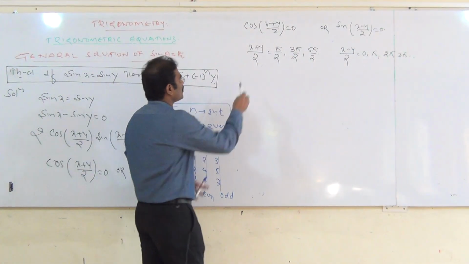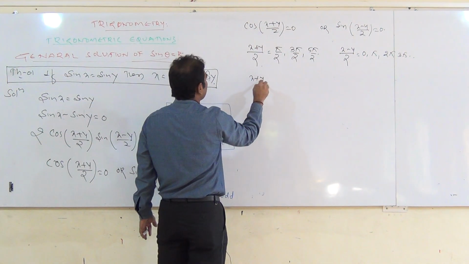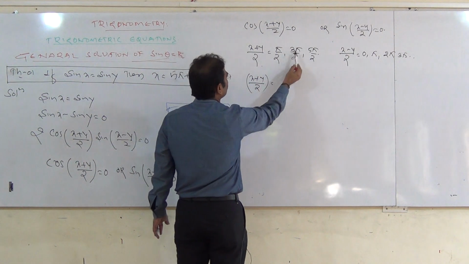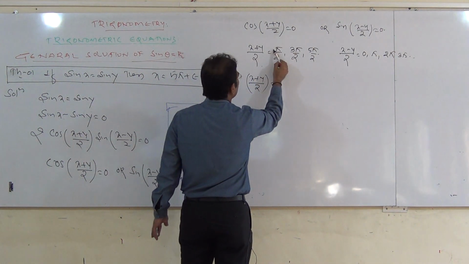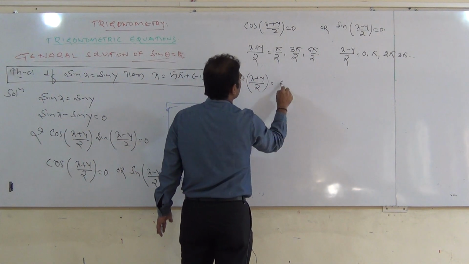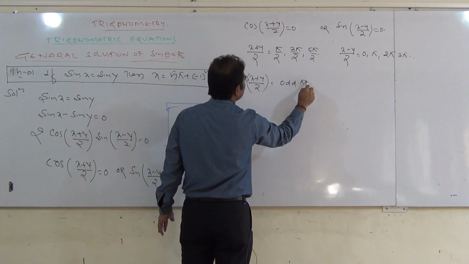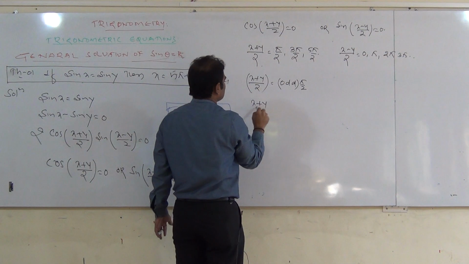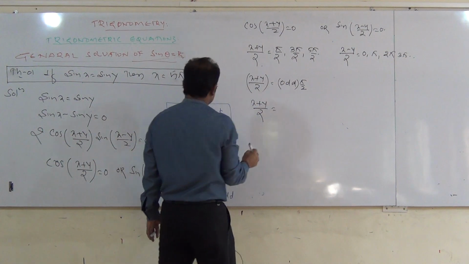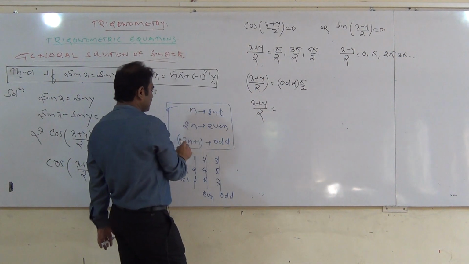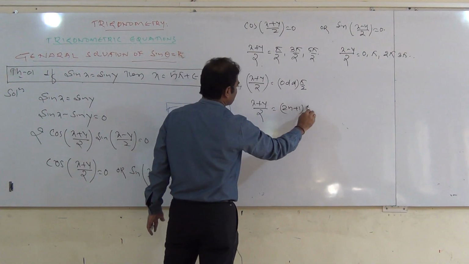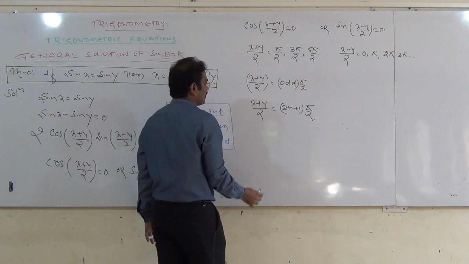Therefore, if you observe (x plus y) by 2, it is pi by 2, 3 pi by 2, 5 pi by 2. Therefore, it is an odd multiple of pi by 2. (x plus y) by 2 is equal to odd multiple, and odd means 2n plus 1, times pi by 2.